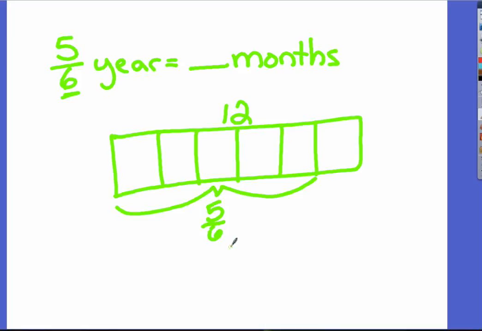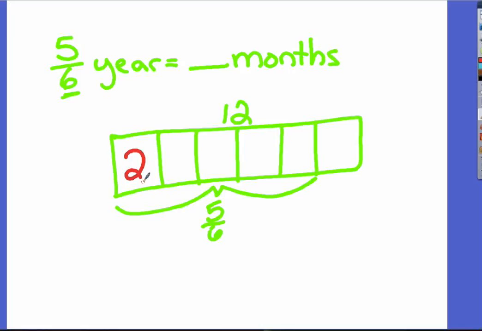So, what is 1/6 of a year? 1/6 of a year. 2. How did you know that? Perfect. So we know that 12 divided into 6 parts, each part would be 2, right?